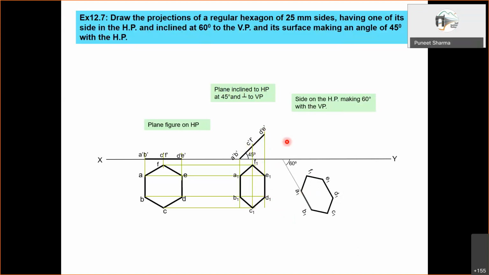So again, you can draw the locus for all the corners and the projectors from here. And you look at all the corner points, and it's done like this. So this is our final view.